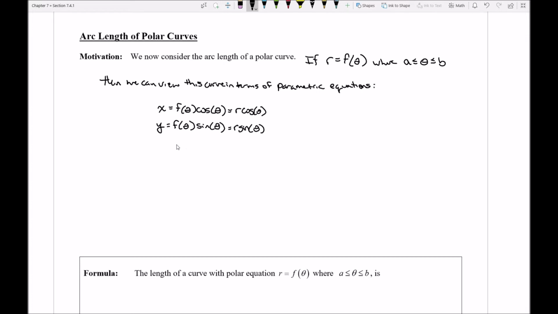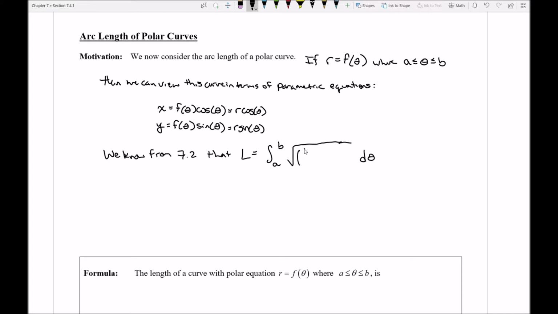So here's where we can actually start, though. Once I have these parametric equations, to find my arc length, I can say that we know from 7.2 that the length for a parametric curve is given by an integral from a to b for my parameter. Notice then that this would have to be a d theta integral because I'm dealing with the parameter theta.